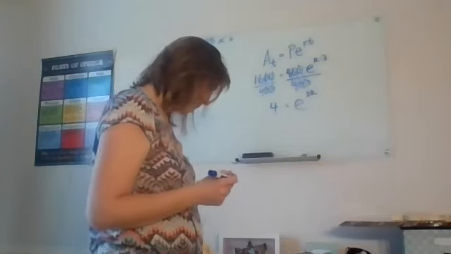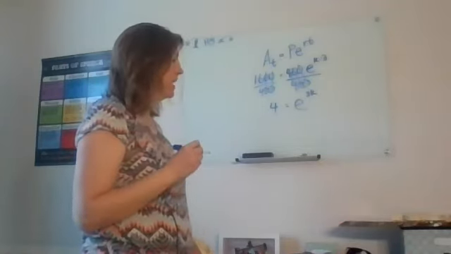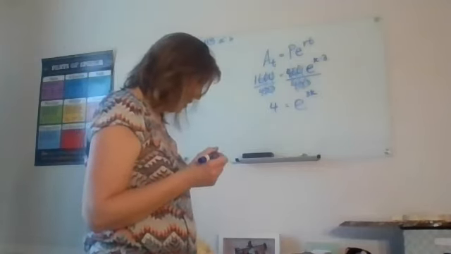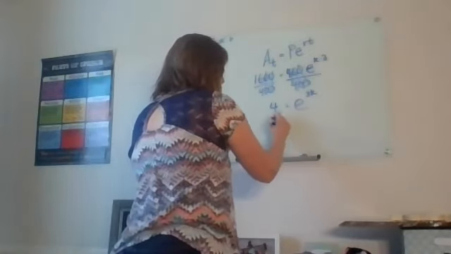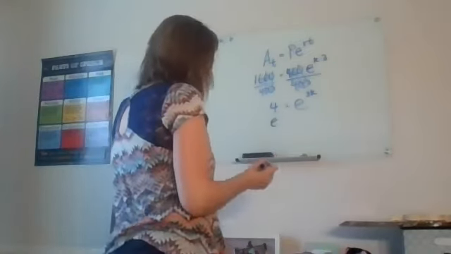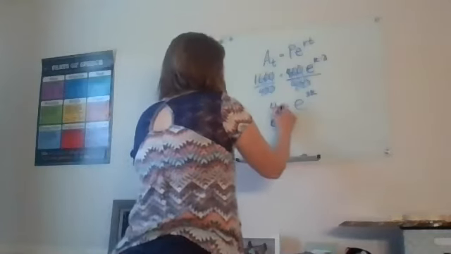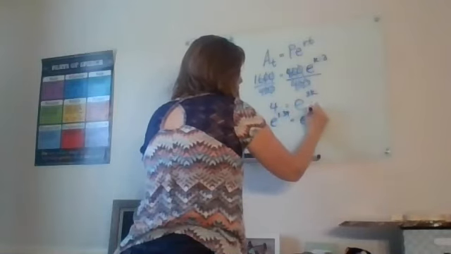So I know that 4 equals the base e, which I know is the natural logarithm of 3 times k. Now, what I need to do is get 4 in terms of base e. So how do I do that? I plug that into my calculator and find out what the natural logarithm of 4 is. So 1.39 equals e to the 3k.